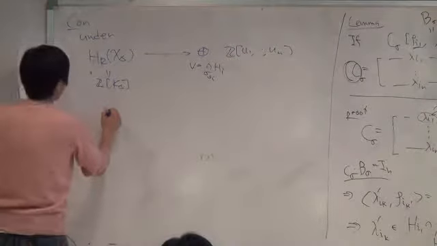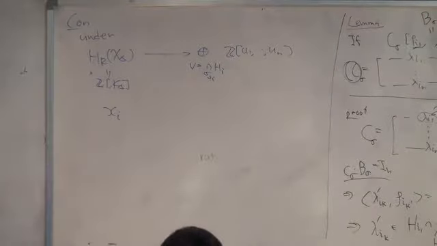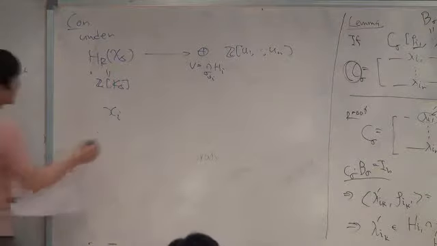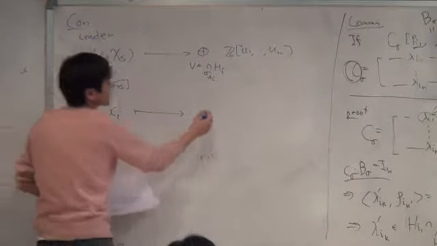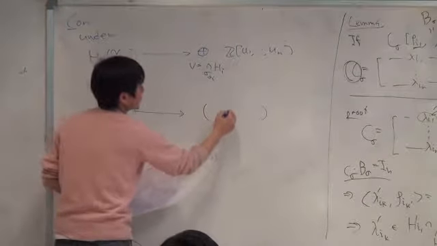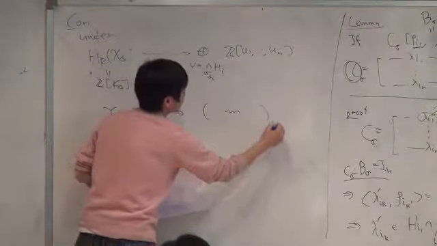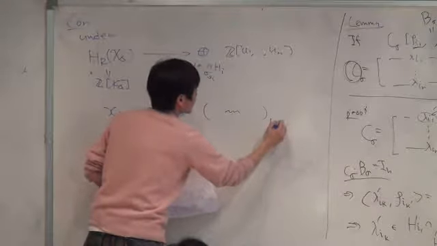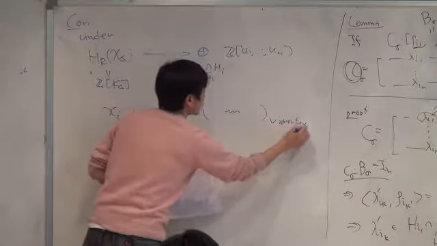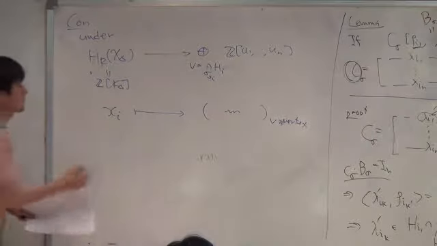Okay? And where does this xi go? Yeah? So it goes to a bunch of polynomials, right? For each vertex v.